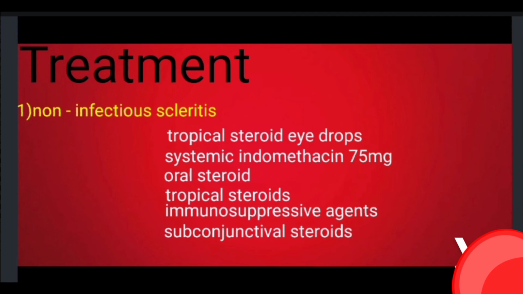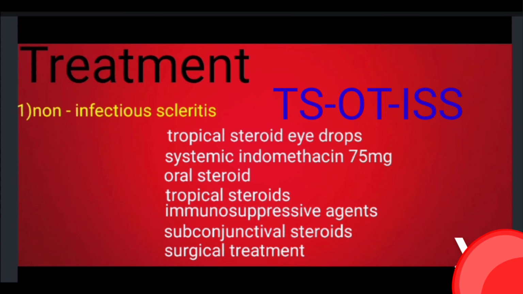Subconjunctival steroid is contraindicated. Lastly, the surgical treatment in the form of a scleral patch graft may be required to preserve the integrity of the globe. Then you can use the mnemonic TSOTISS to learn this treatment.